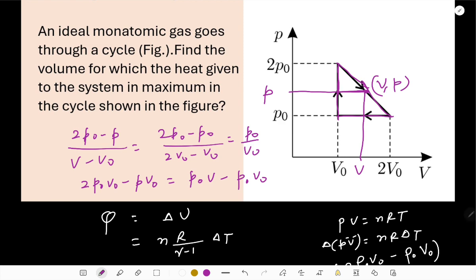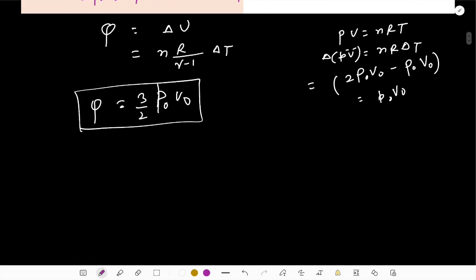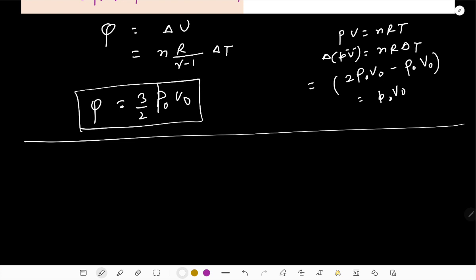I can write from here directly that, dividing by V naught, P equals 3P naught minus P naught by V naught times V. So this is the relation for the inclined part, where V is the instantaneous volume somewhere.